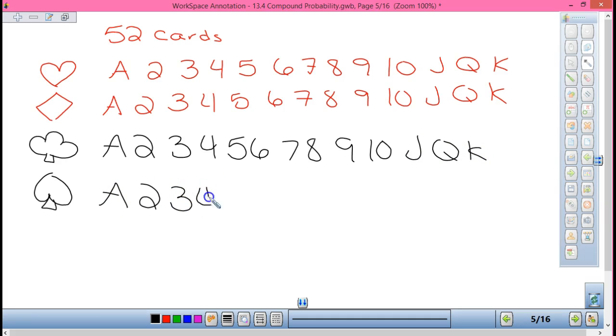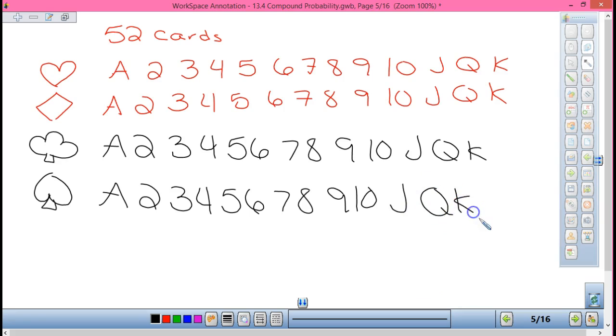Two, 3, 4, 5, 6, 7, 8, 9, 10, 11. Okay, so if you do not know your decks of cards, I would maybe copy that down. If you do know your decks of cards, you can just come up with stuff. I grew up playing solitaire and stuff like that.